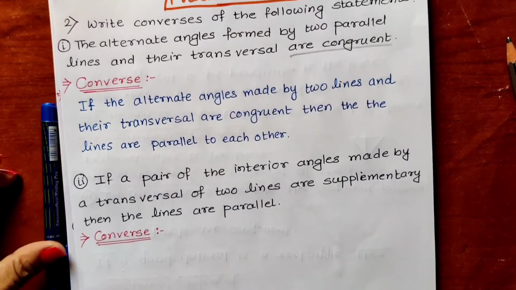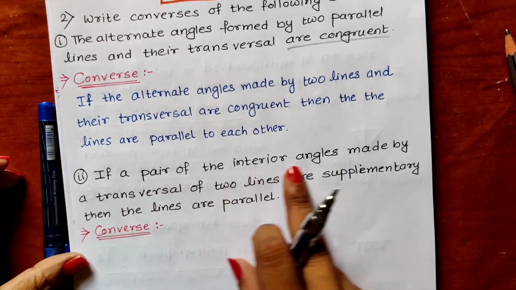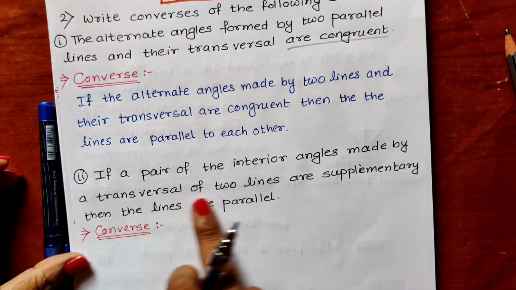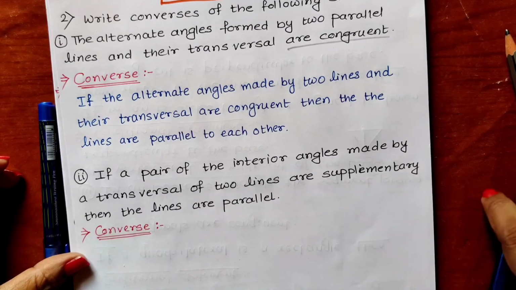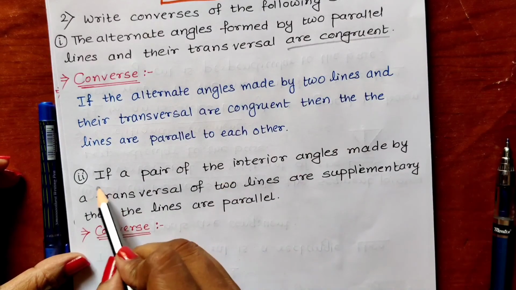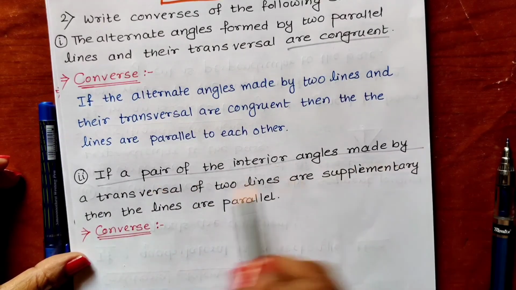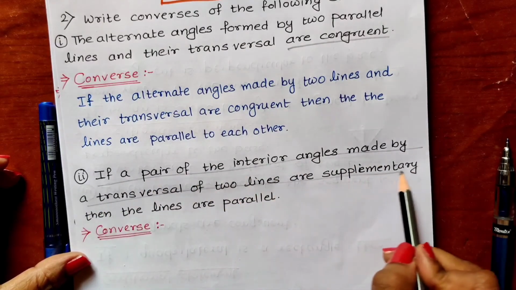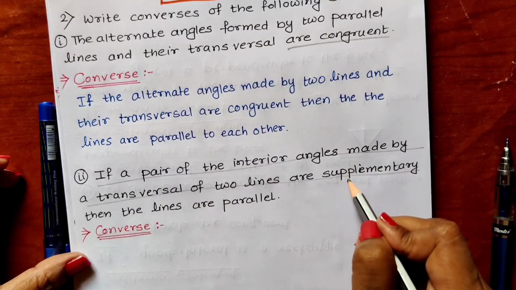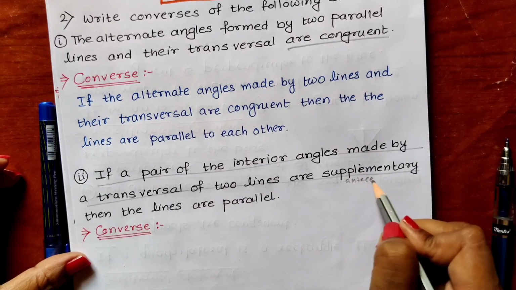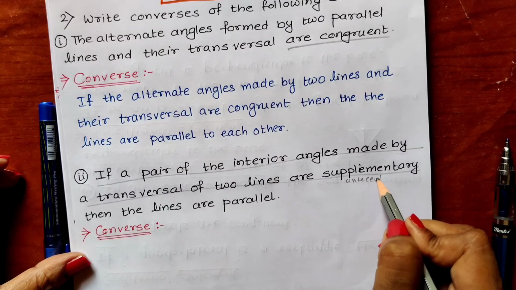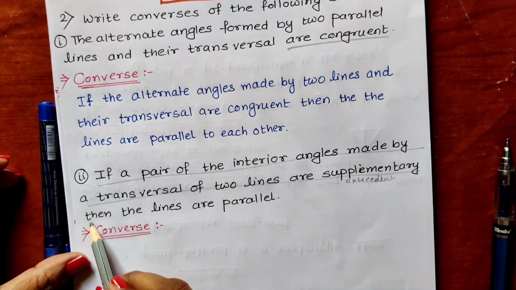Now see the second statement. If a pair of interior angles made by a transversal of two lines are supplementary. So in this particular question, if a pair of interior angles made by transversal of two lines are supplementary is antecedent. And this becomes consequent.